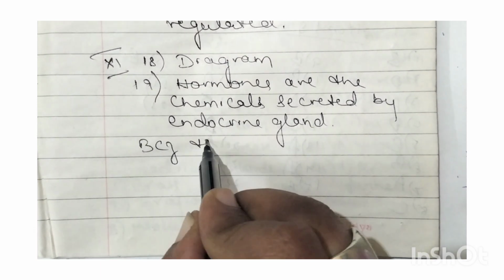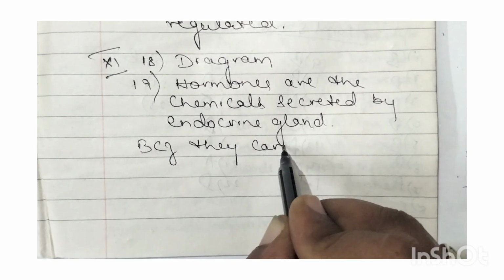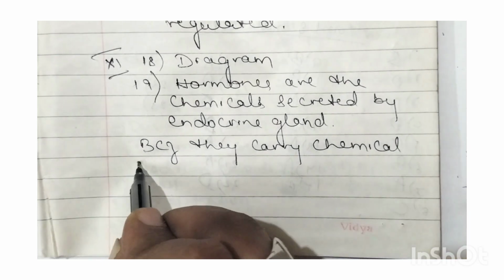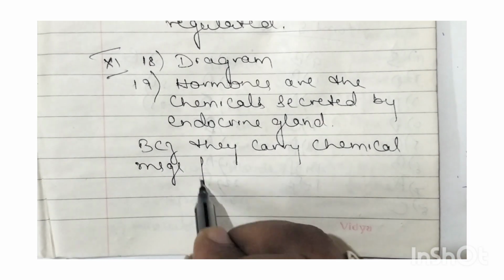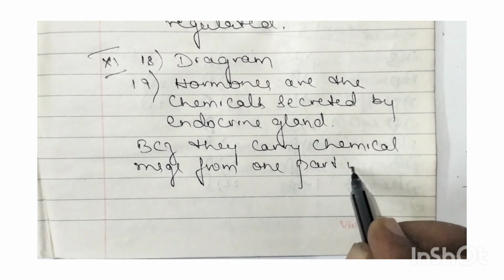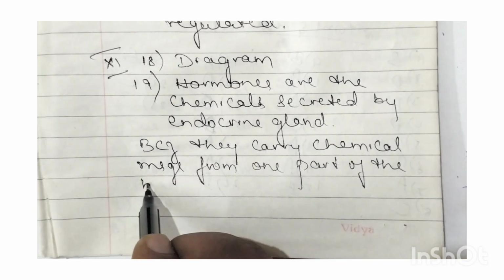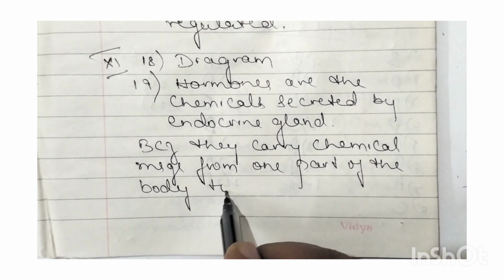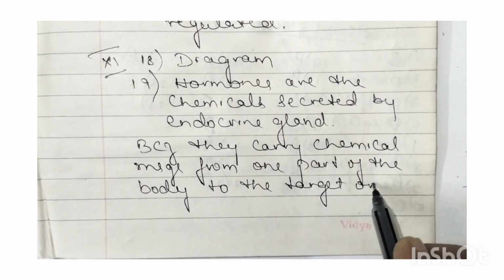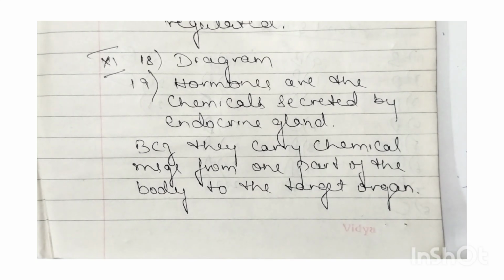Because they carry chemical messages from one part of the body to the target organ. So this is the answer for what are hormones and why they are called chemical messengers.